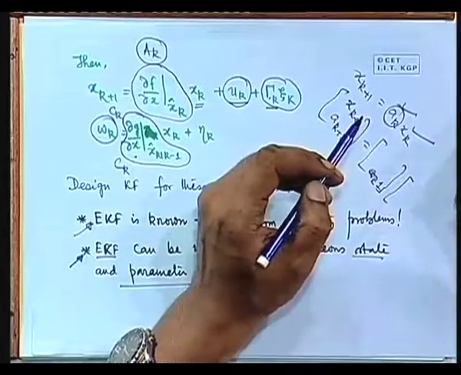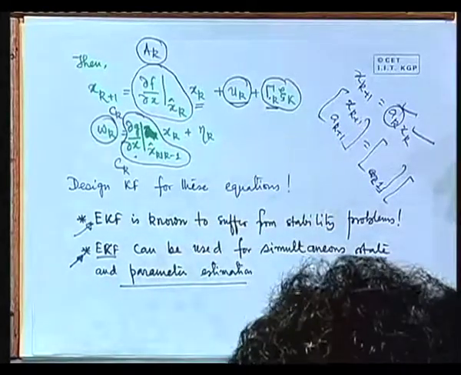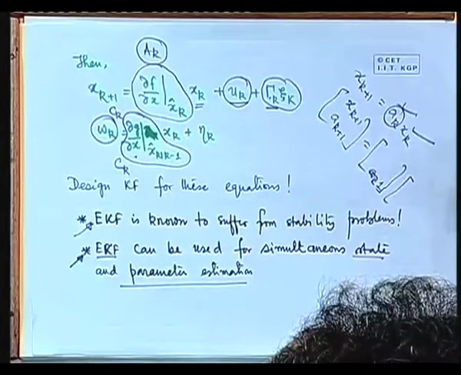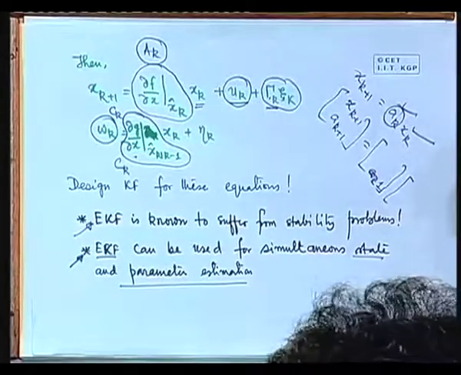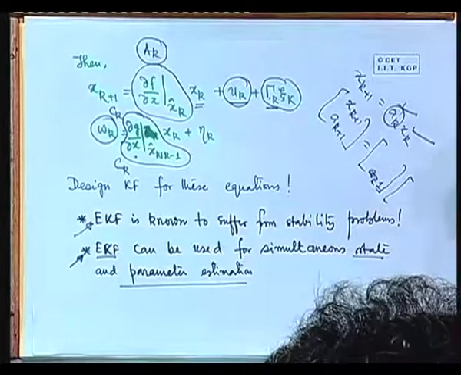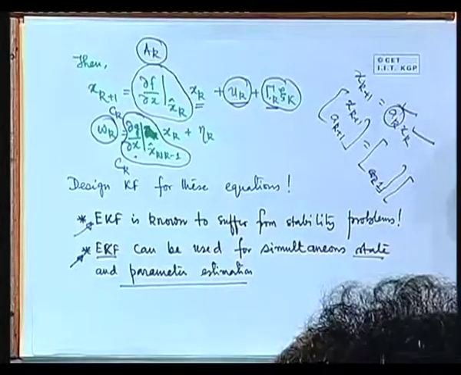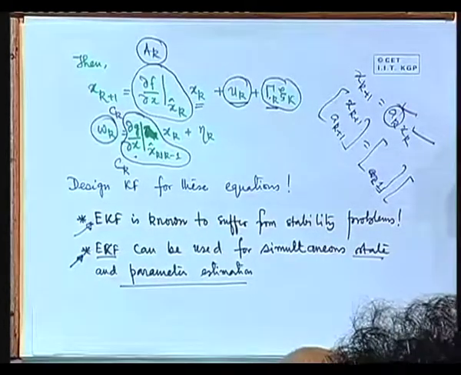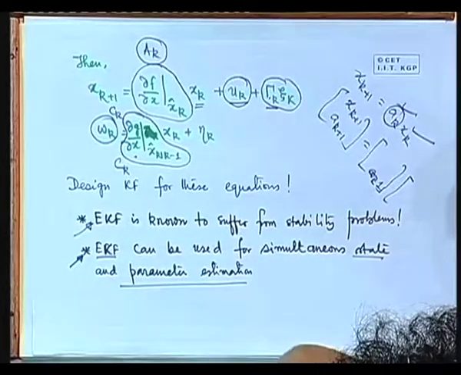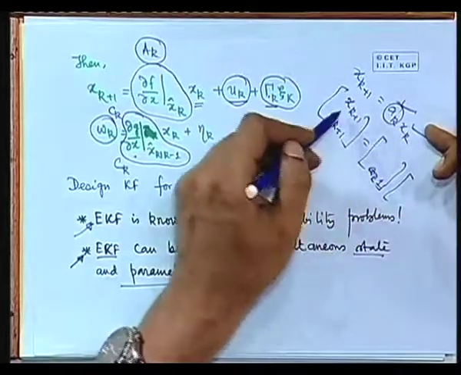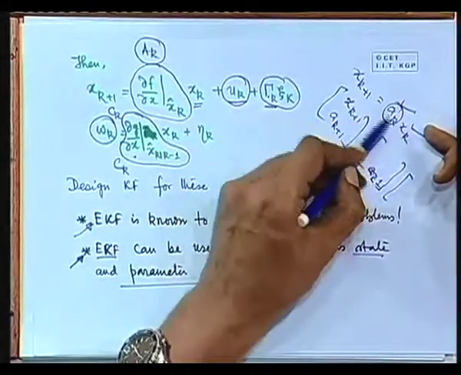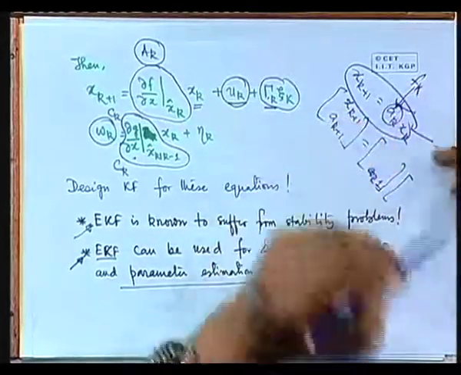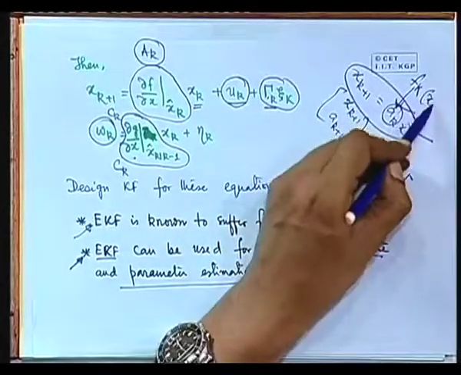And x_{k+1} will be what in this case? We can't make it a_k x_k directly, it is still non-linear, a non-linear system, and this will become the function f_k, which is also a function of x_k.